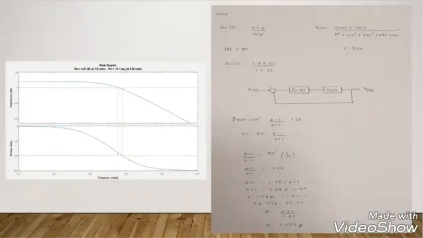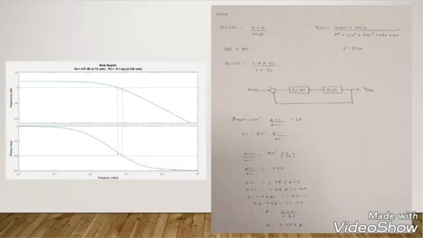Okay, for the next question, 7B, the question asks you to design a compensator, lead or lag, so that the phase margin will be at least 35 degrees. For this design, you are allowed to use Scilab or MATLAB for your work. For my group, we use MATLAB.